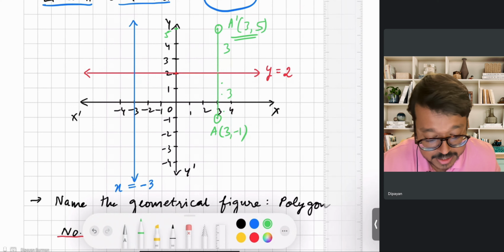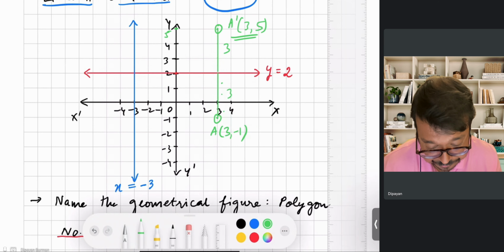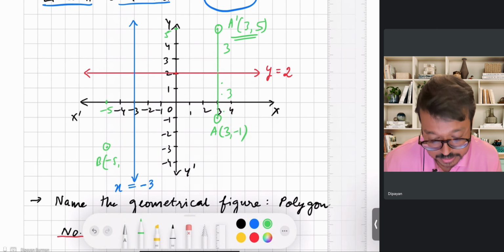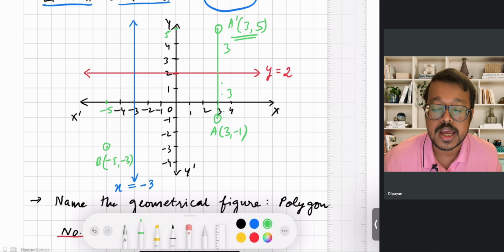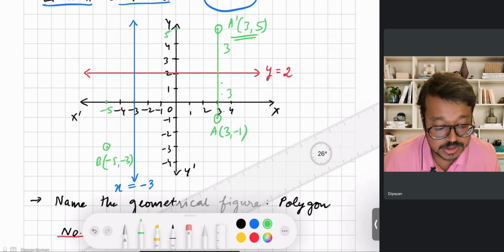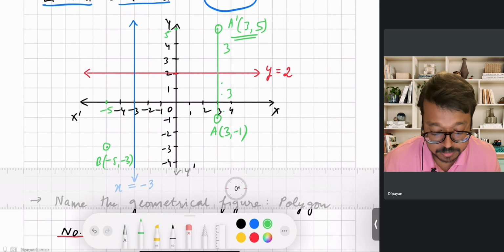And let's say I had a point over here. Let's say this is point B and the x coordinate is minus 5, y coordinate is minus 3. And I am reflecting point B on the line x equal to minus 3, the blue line. Then I have to see how far is this point from the line.